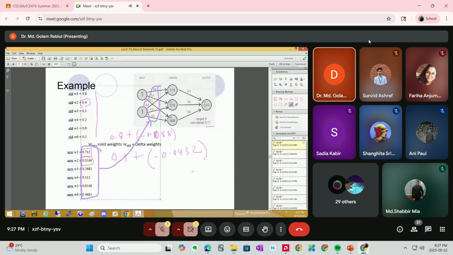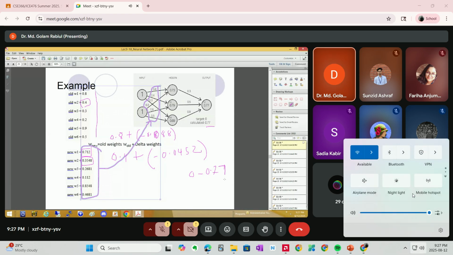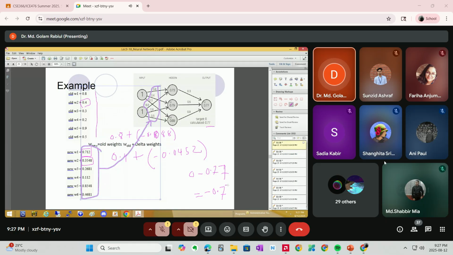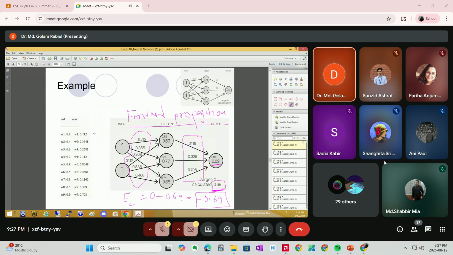It was 0 minus 0.77, so the error in our first iteration was negative 0.77. But we can see the error in our next iteration is negative 0.69. That means the error is reducing.